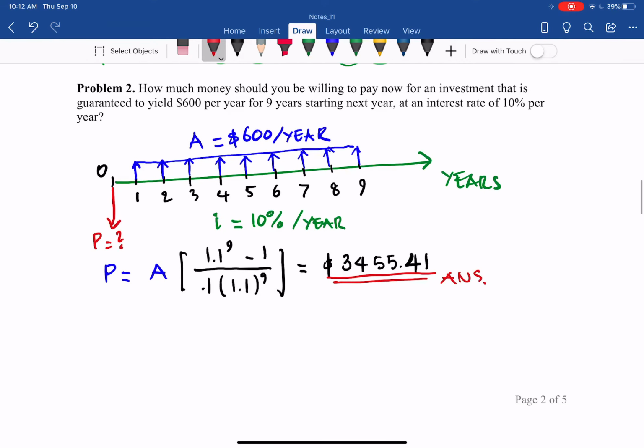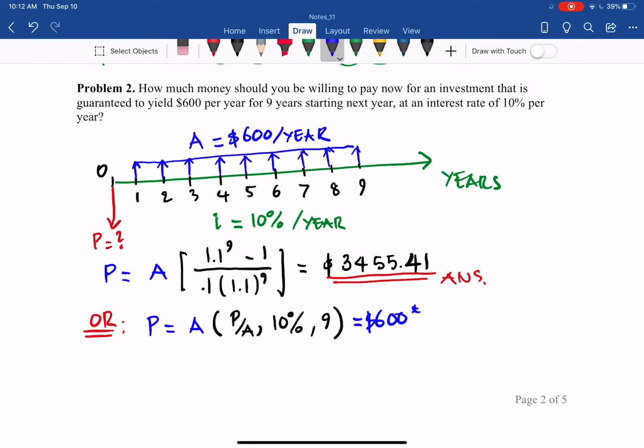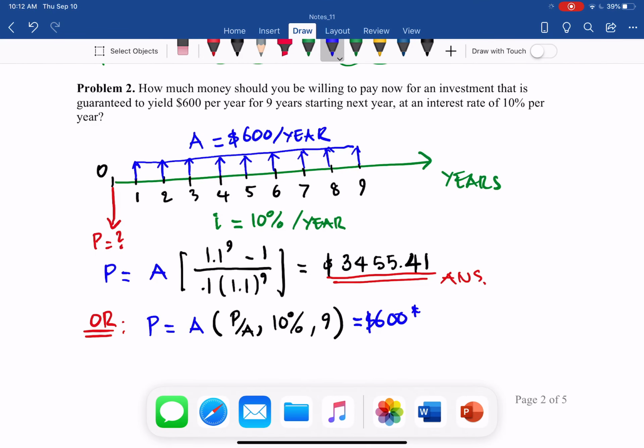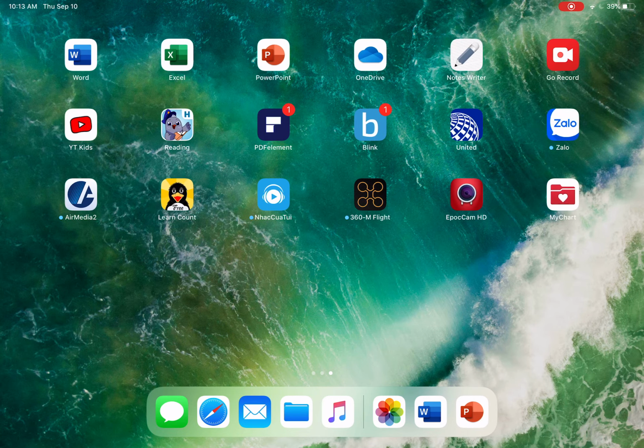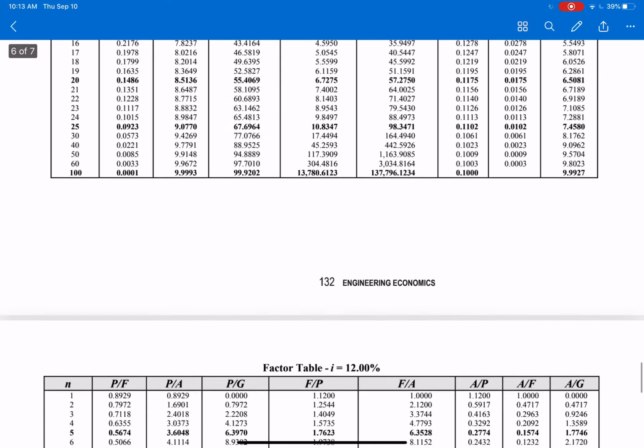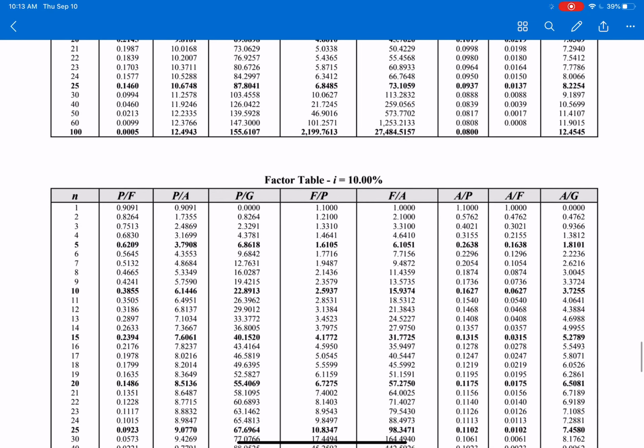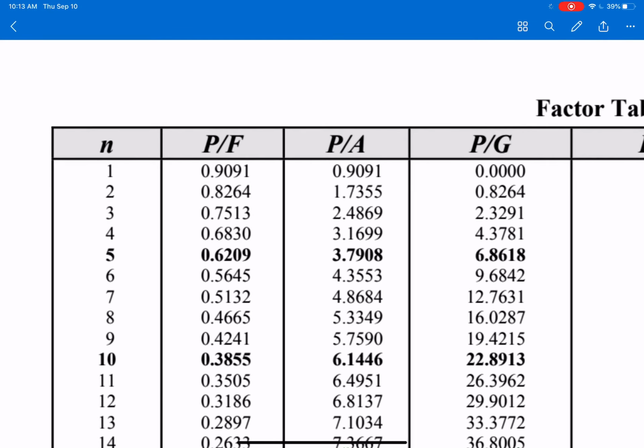If we use the table, we have P equal to A times the factor P over A, 10%, 9 years, with A equal to 600. So go to the table, looking for 10%, and we want the P over A column, for 9 years.